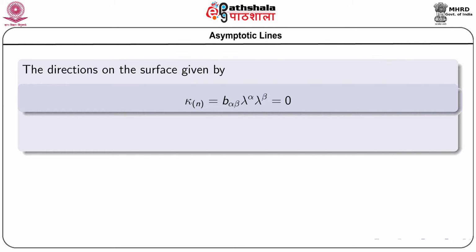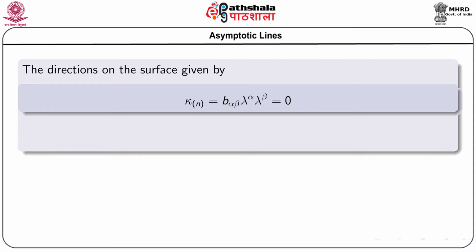The directions on the surface given by kappa n, that is the normal curvature, and we know that normal curvature is equal to b alpha beta lambda alpha lambda beta equals to 0, are called asymptotic directions.